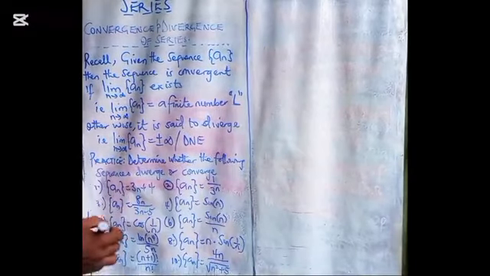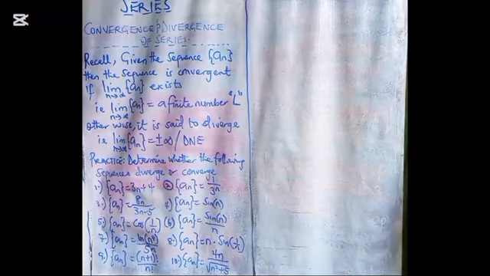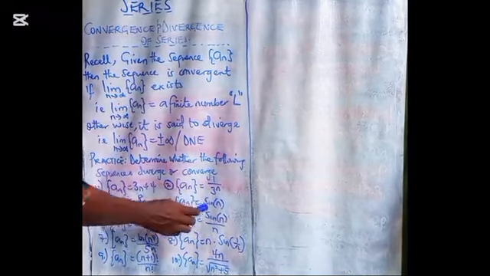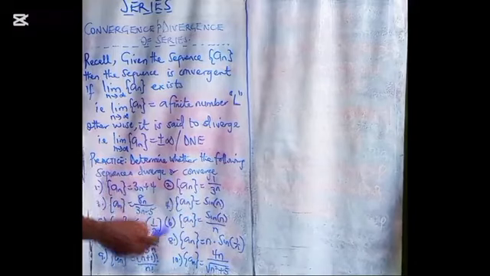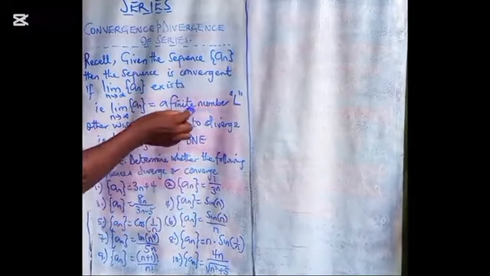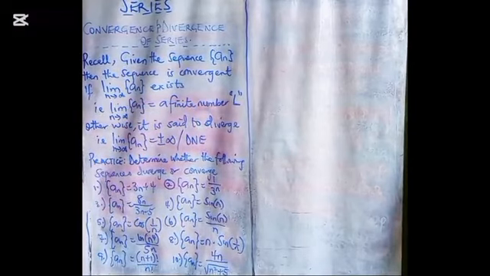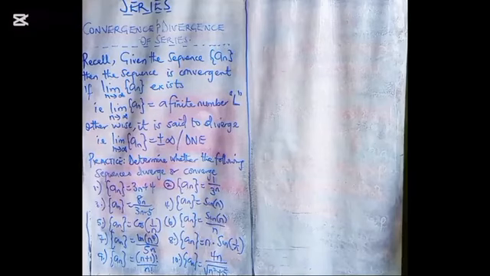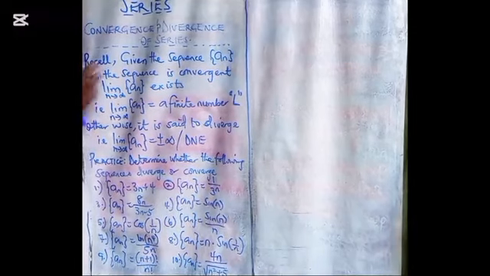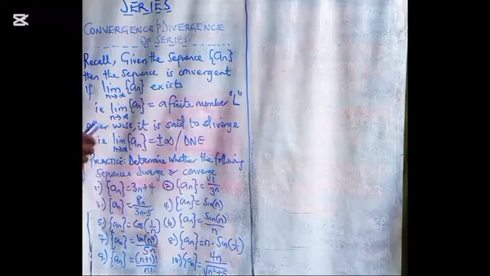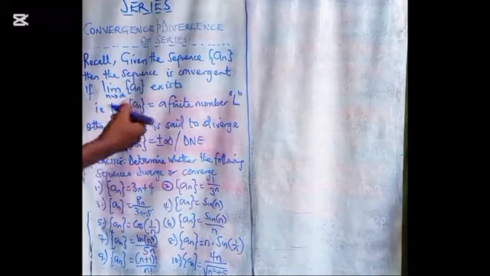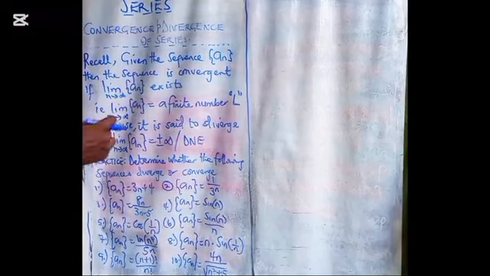You can try your hands on the following and determine whether the limit of each one as n tends to infinity gives a finite number. If it gives a finite number, then we say that the sequence converges. But if it doesn't, then we say that what? The sequence diverges. In the same way, just as we have done for sequence, we do the same for what? For the series.